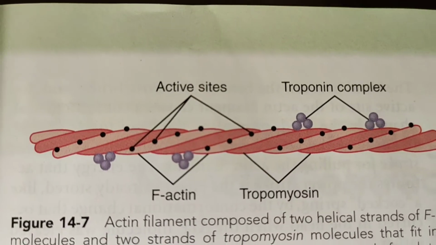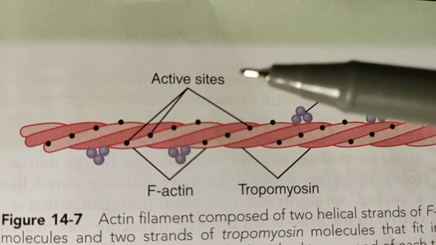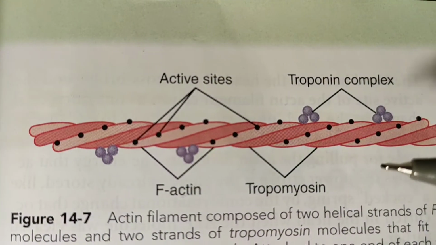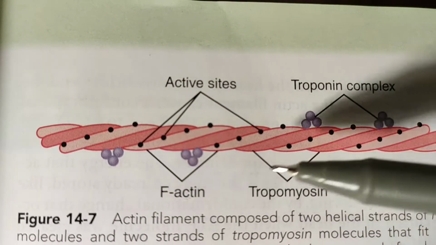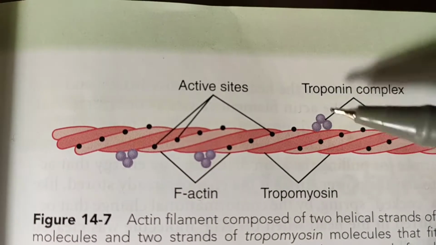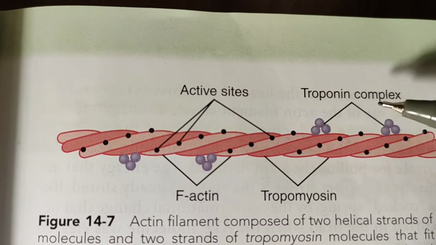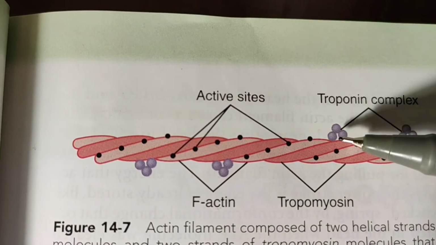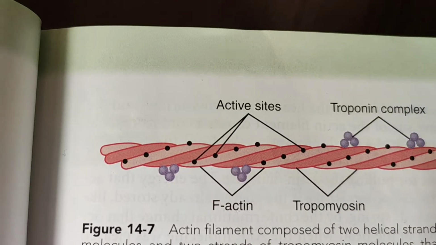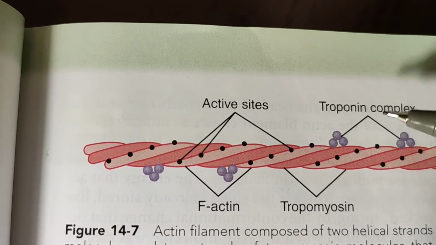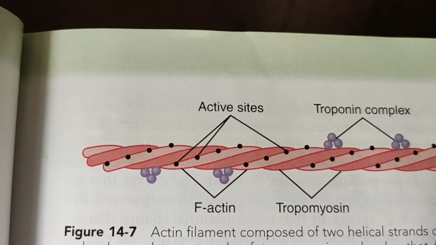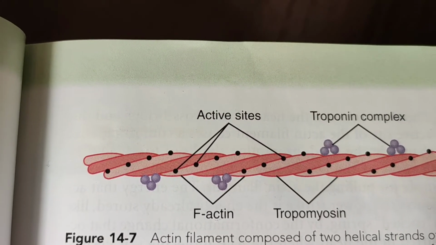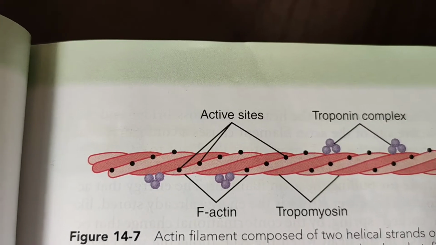This is a thin filament, and it is formed of 3 proteins: F-actin, tropomyosin, and the troponin complex. There are three troponin proteins that form the troponin complex: troponin C, troponin I, and troponin T. Troponin C binds with the calcium ions, troponin I binds with the actin, and troponin T binds with the tropomyosin.